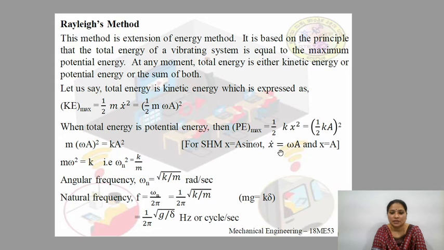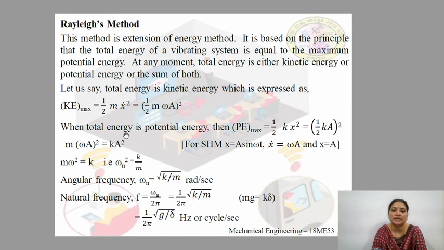And since omega t is very small, displacement x can be taken as a. So using this, we can write the equation of kinetic energy as 1 by 2 m x dot square. In place of x dot square, we can write (omega a) square. Therefore, 1 by 2 m (omega a) square.